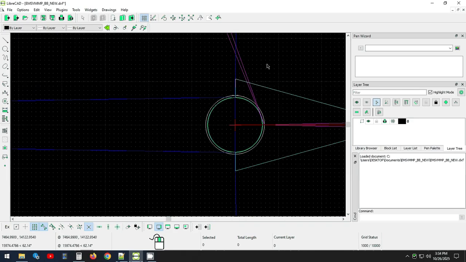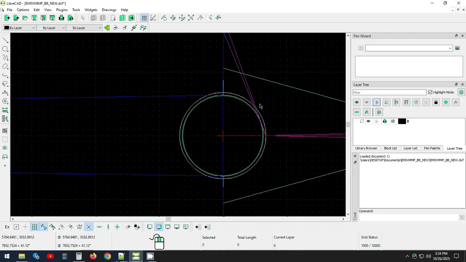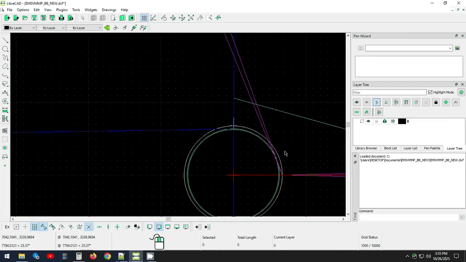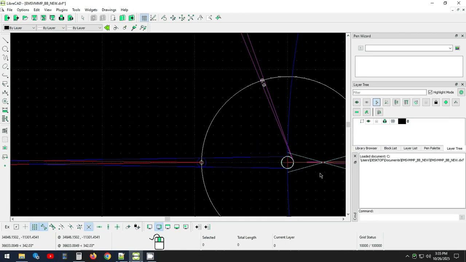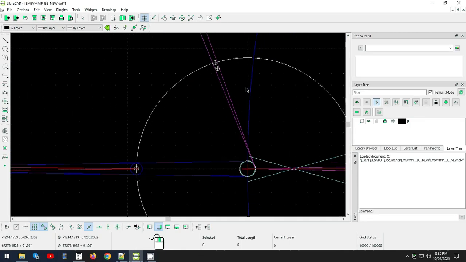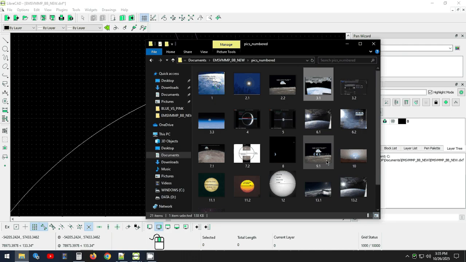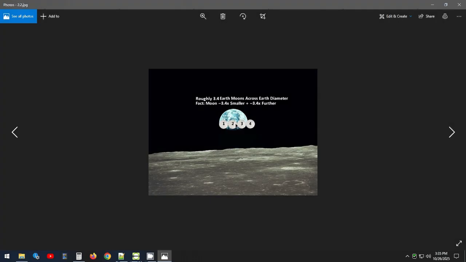So then we just have this purple magenta cone-shaped line, which is referenced to the width of that Moon if it were that small inside that atmosphere. So then we grow this purple line all the way to the correct size that we calculated for the Moon. In order to do that, we take 3.4 Moons across Earth's diameter.